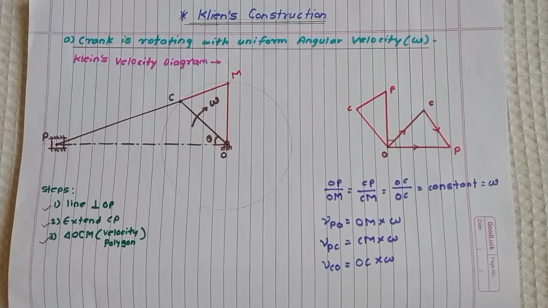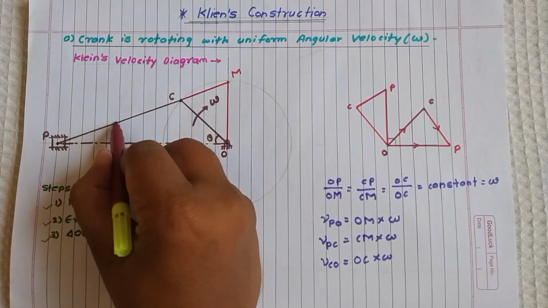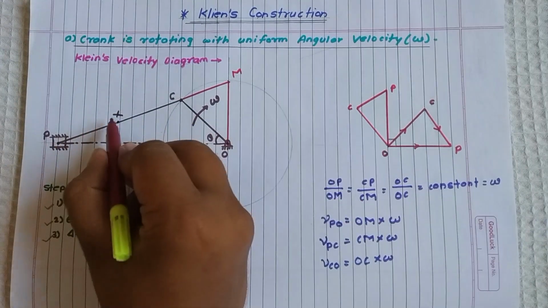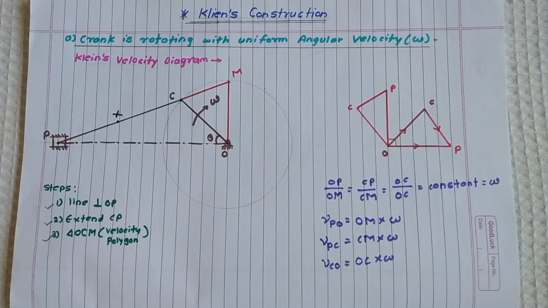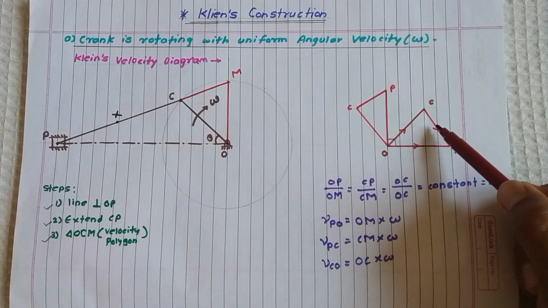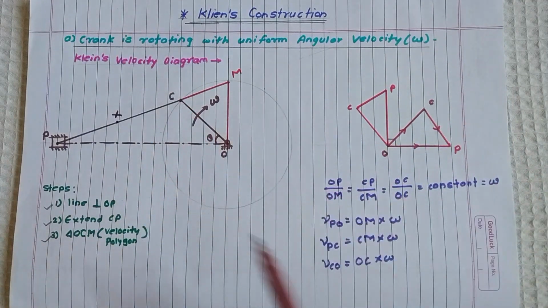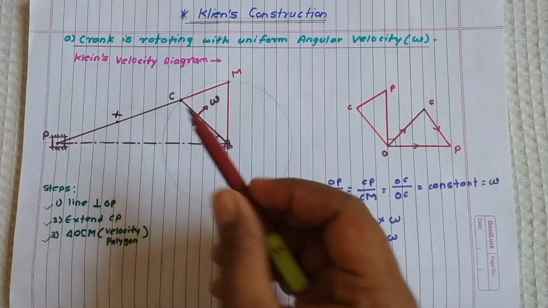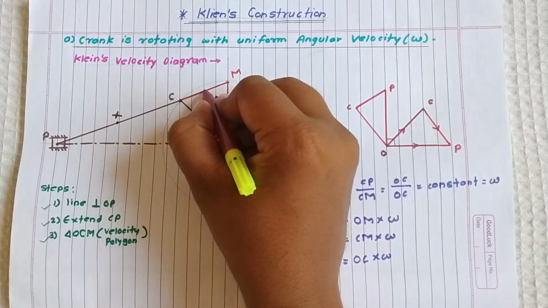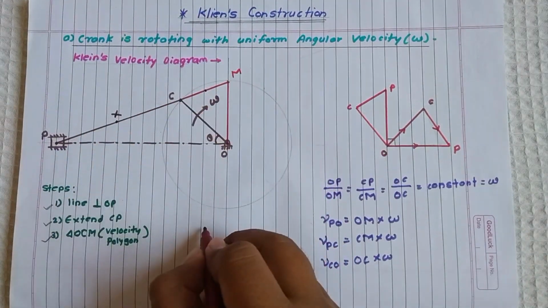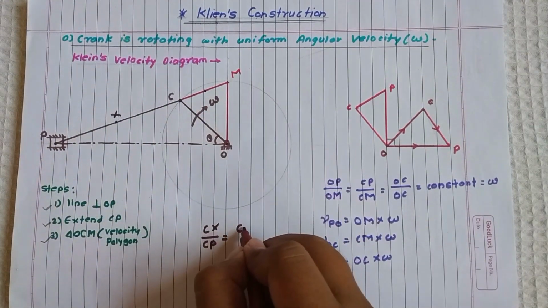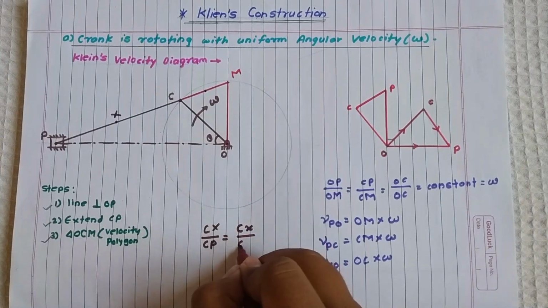Also, suppose there is one point at the midpoint of CP, suppose it is point X. Now how do we find the velocity of X with relative velocity? We take a ratio of lengths of the connecting rod and the velocity diagram and we mark the X point here. So same here, as velocity of CP is CM in this case. So we take the ratio: capital CX upon capital CP is equal to small cx upon CM.